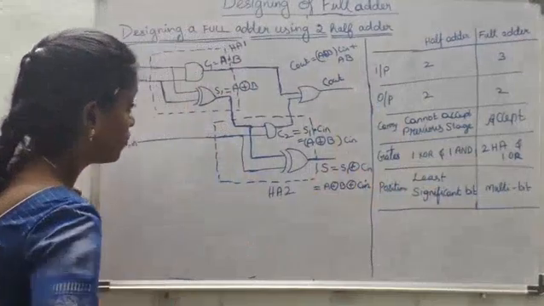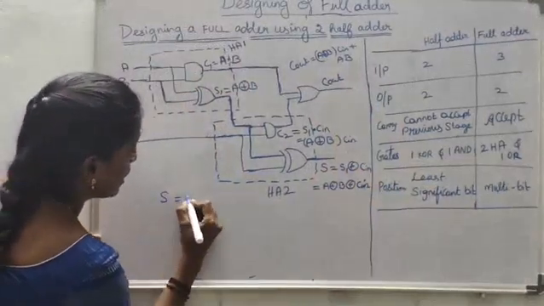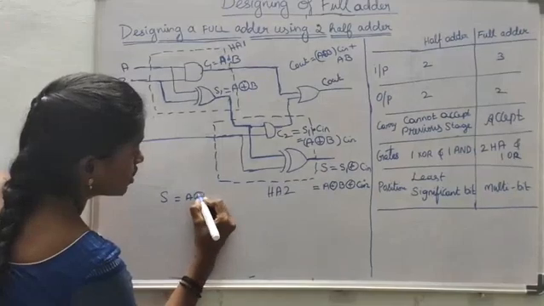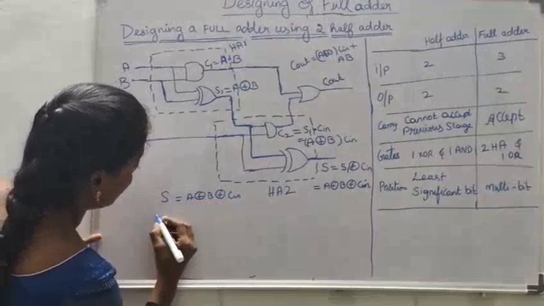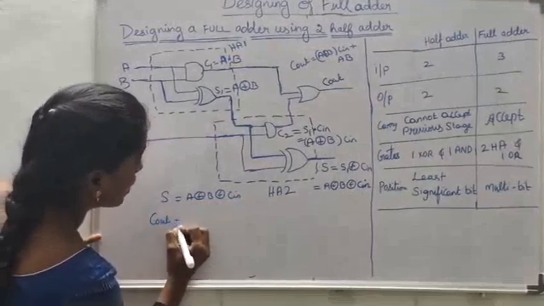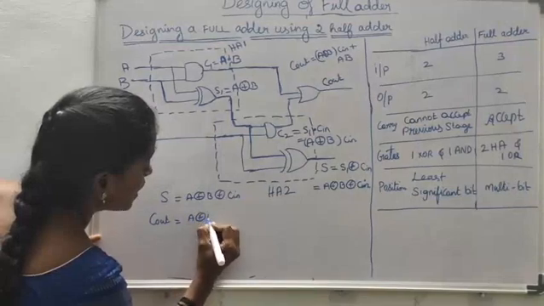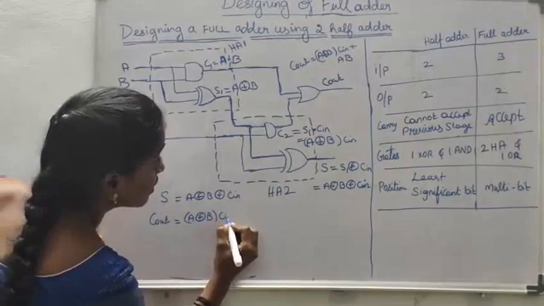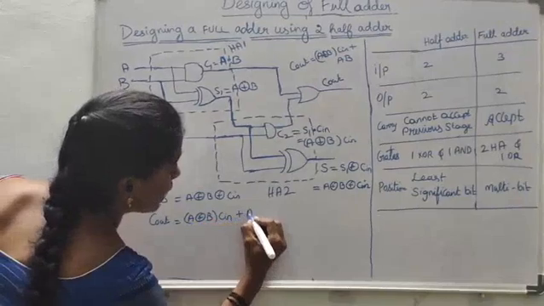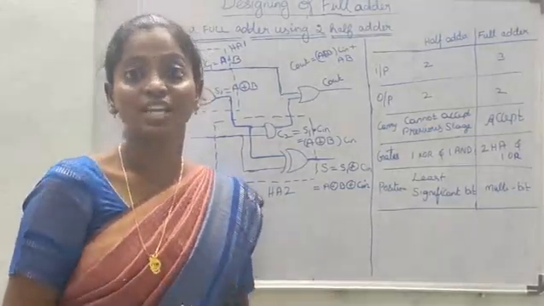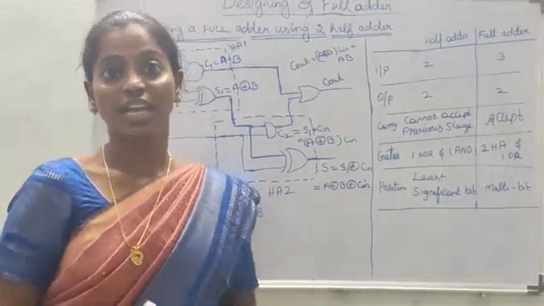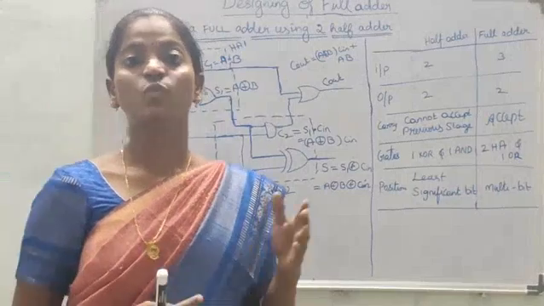The final output S is A XOR B XOR Cin, and the final carry out is A XOR B Cin plus AB. Finally, the full adder can be designed using 2 XOR gates, 2 AND gates and 1 OR gate.